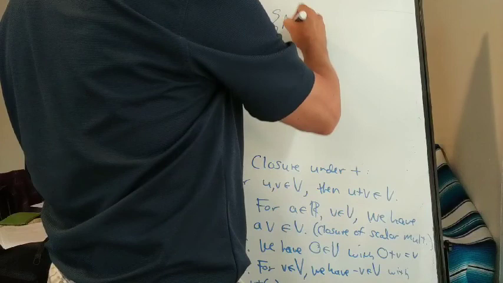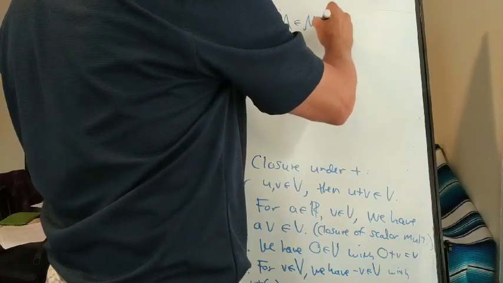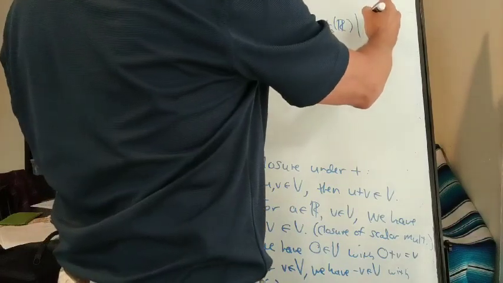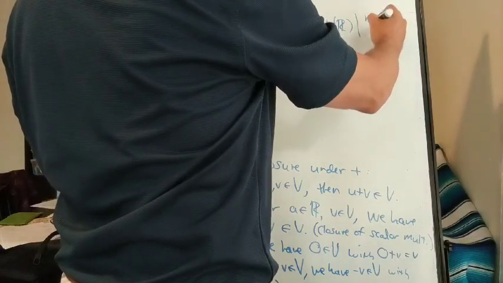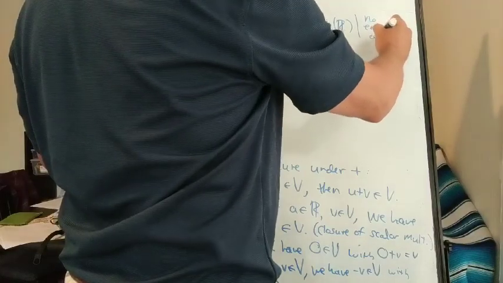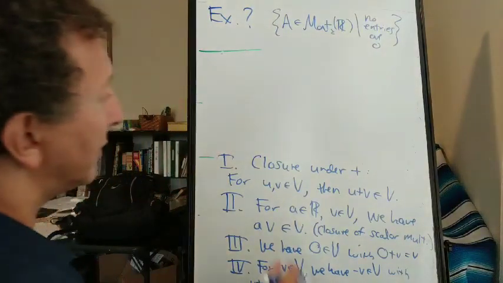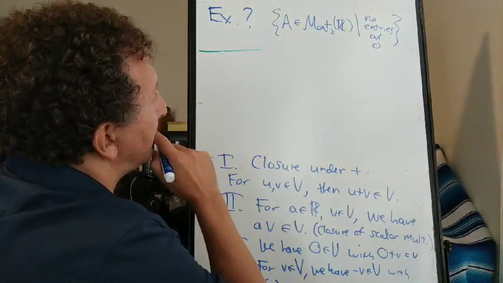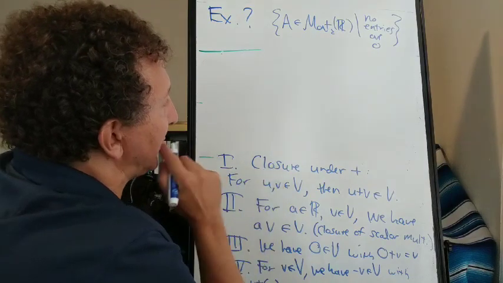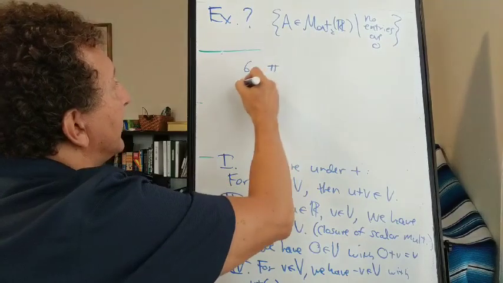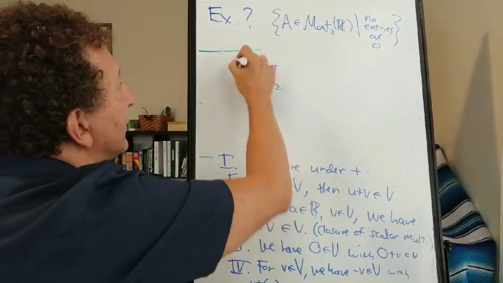Now let's look at 2 by 2 matrices with no 0 entries. Is that closed under addition? That's not going to be closed under addition. Because suppose we have 6, pi, negative 1, square root of 2.